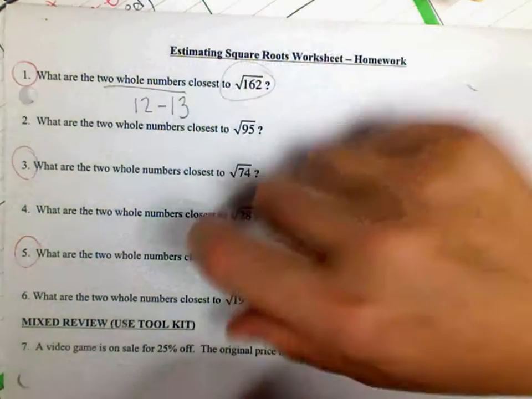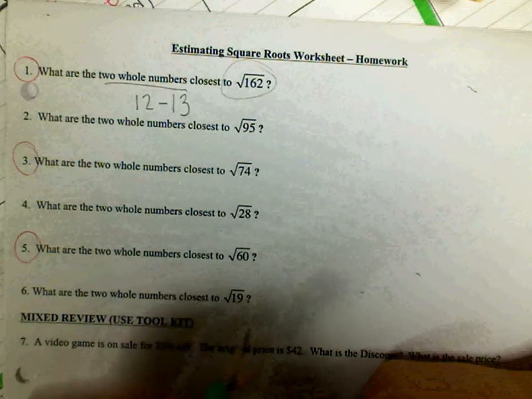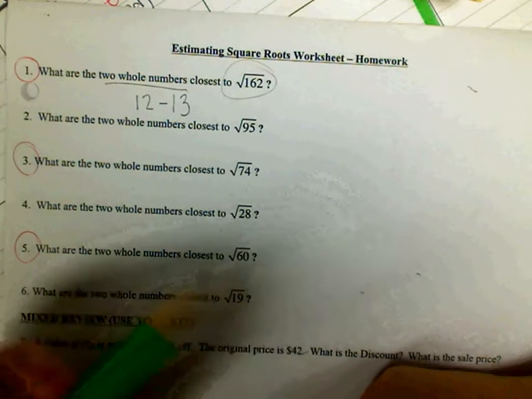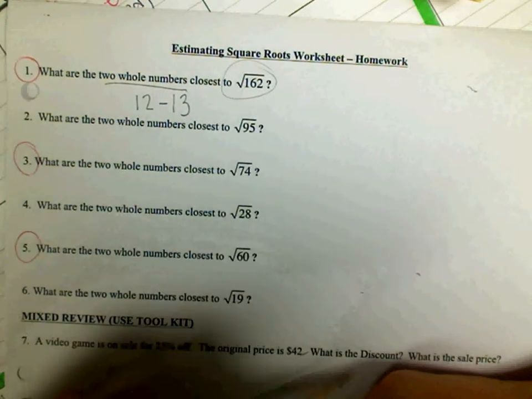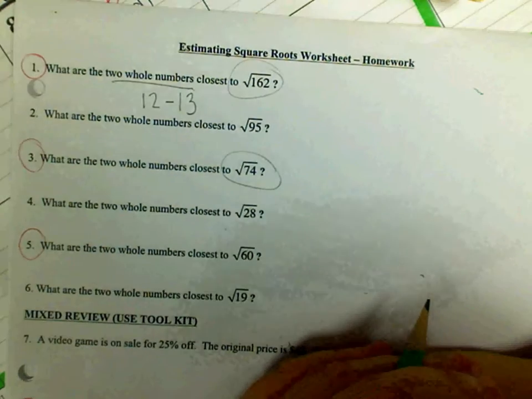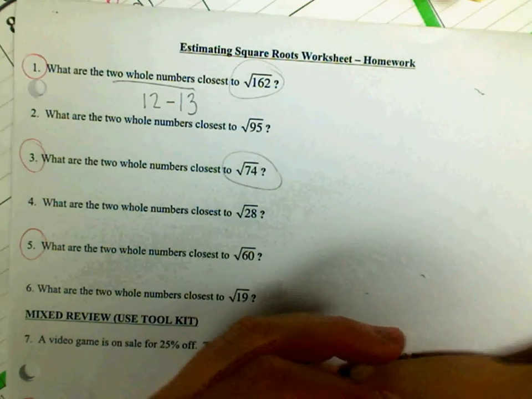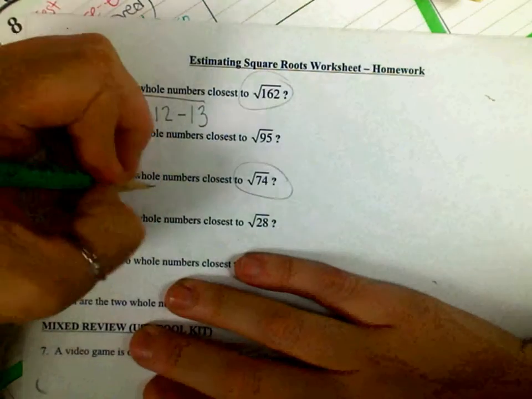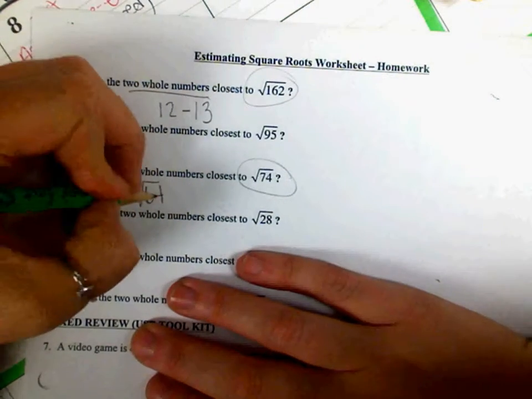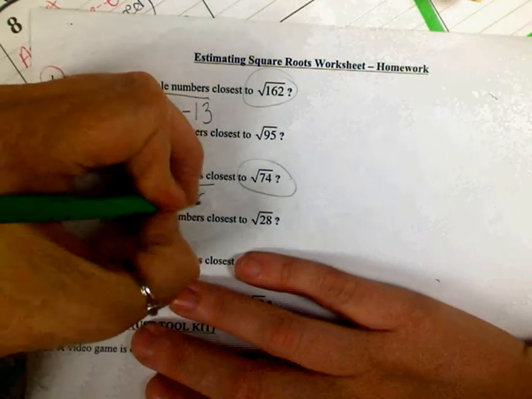Okay, number 3, and you should be using your list and your notes of the first 20 perfect squares to do this, because you need to memorize those anyway. So the square root of 74, the two perfect squares that the square root of 74 falls between is the square root, I believe, of 64 and the square root of 81.